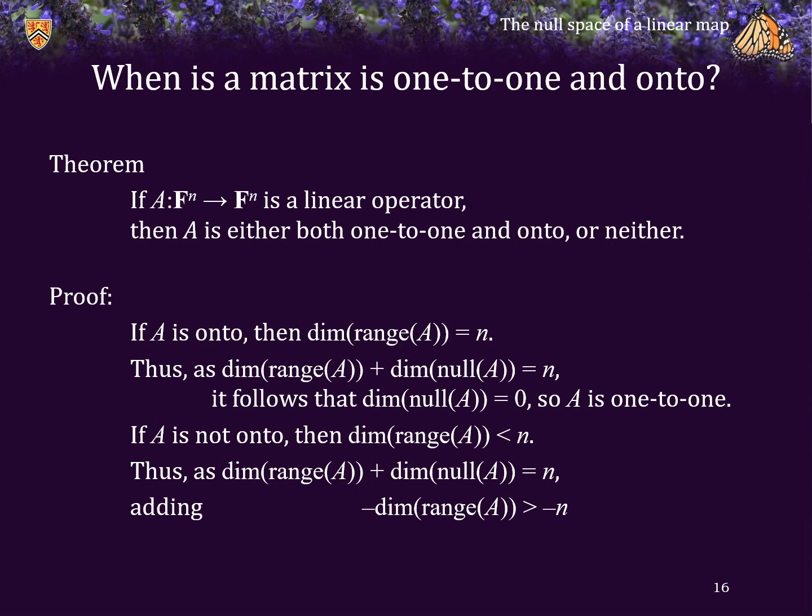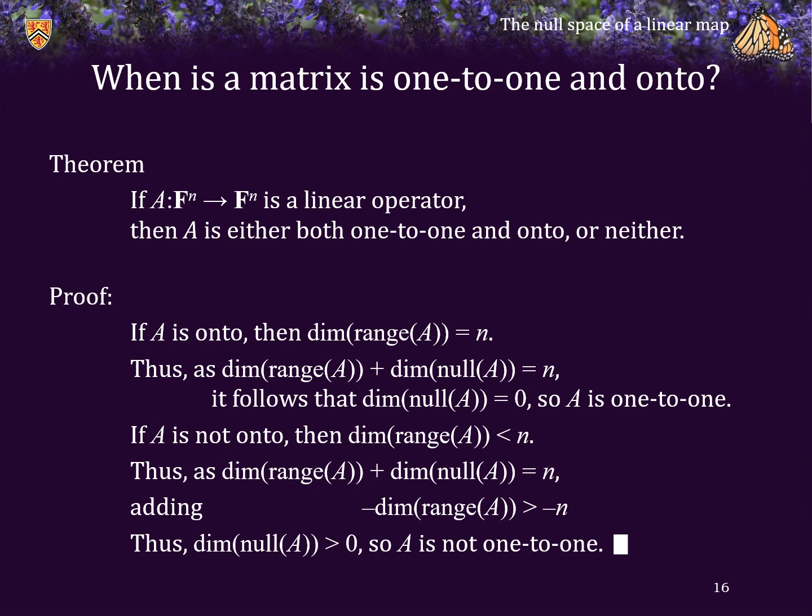So therefore, the negation of the dimension of the range of A is greater than -n. So now I can add the inequality onto the equation, and the two dimensions of the ranges cancel each other out, as does n plus -n. Thus we are left with the dimension of the null space being greater than 0.